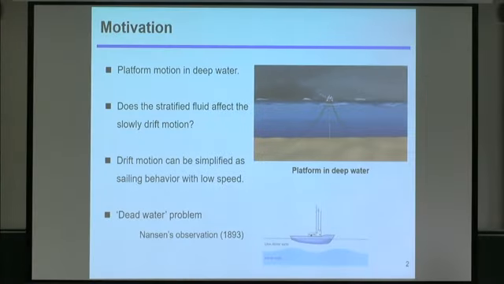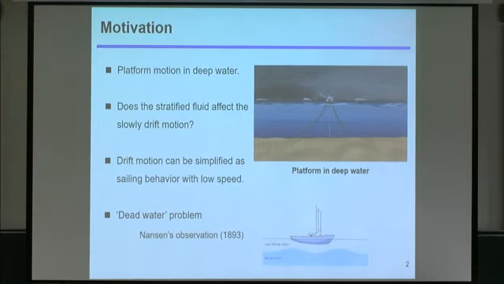Okay. The initial motivation of this research is that I want to study the effect of the stratified ocean on the drift motion of the platform in deep water. That's because in deep water, with horizontal mooring, the stiffness coefficient may be very small, so the platform can move with very large floating motions.